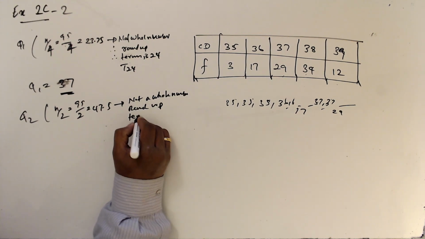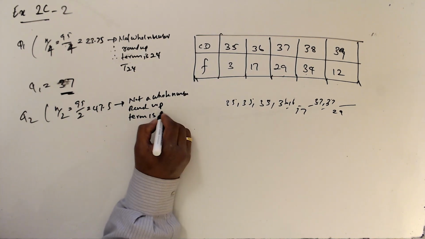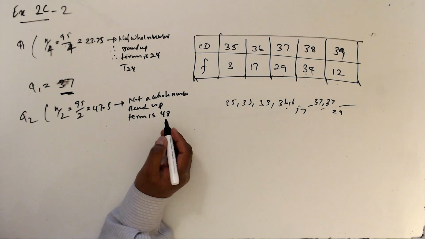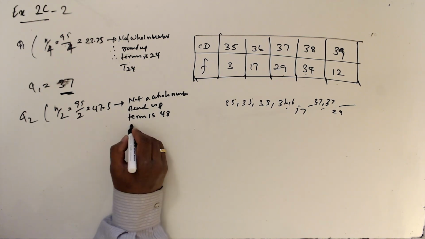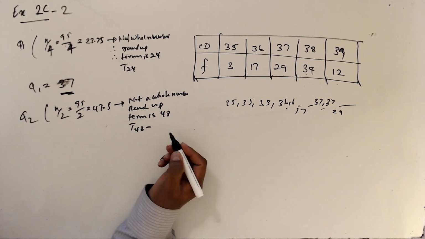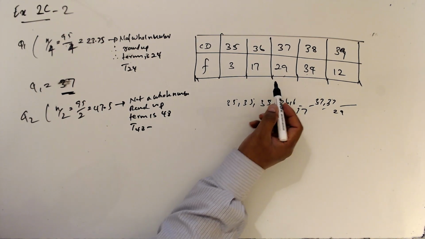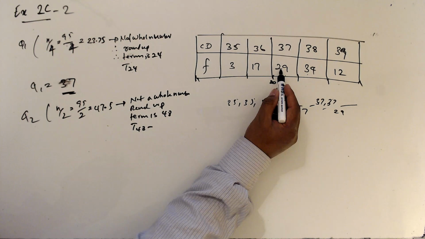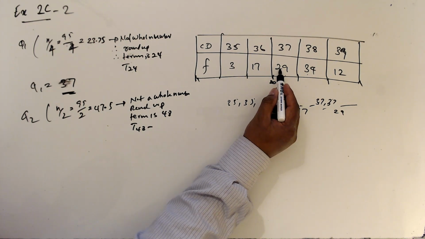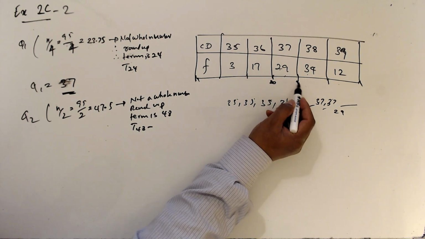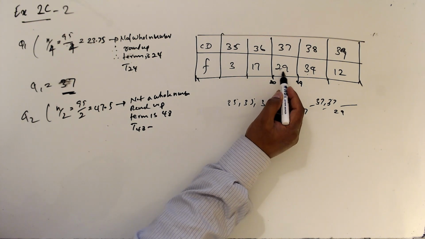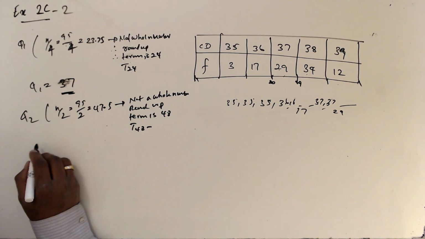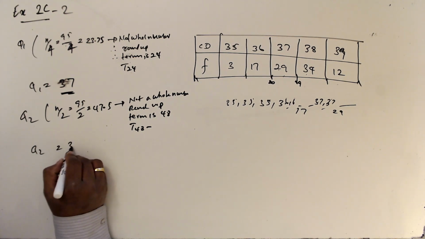So the term is 48. 47.5 rounds up to 48. So what is the T48 term? Here it is 20, then up to 49 here. It means the 48th term is here again. Q2 is also 37.